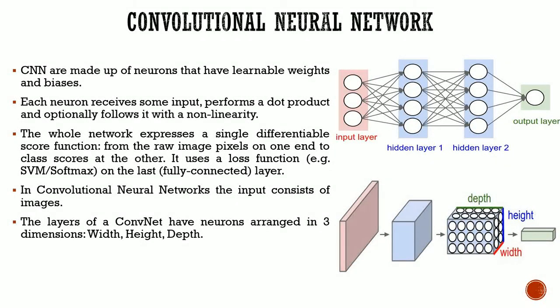So it basically uses a loss function. It can be like SVM, or the most widely used is the softmax function. In the convolutional neural network, the input consists of the image data. In our case, it will be the MNIST data, which is a 28 by 28 matrix, and the layers of a ConvNet have neurons arranged in 3 dimensions: depth, height and width.